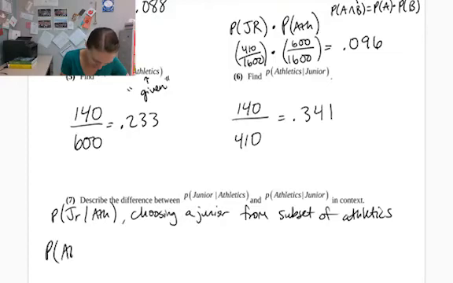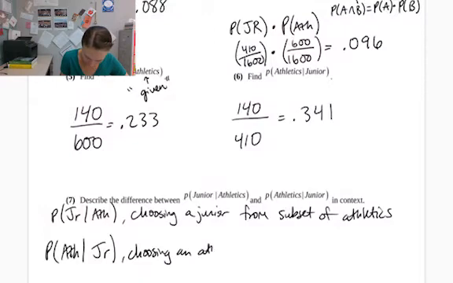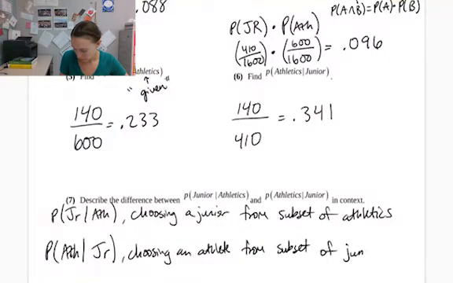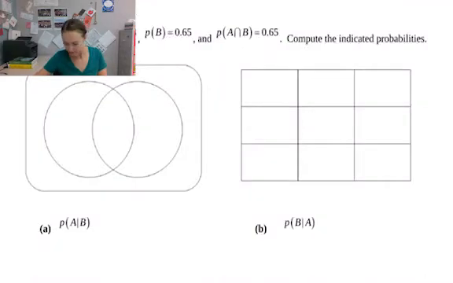Probability of athletics, given that they're junior, is choosing an athlete from the subset of juniors. All right, next page.